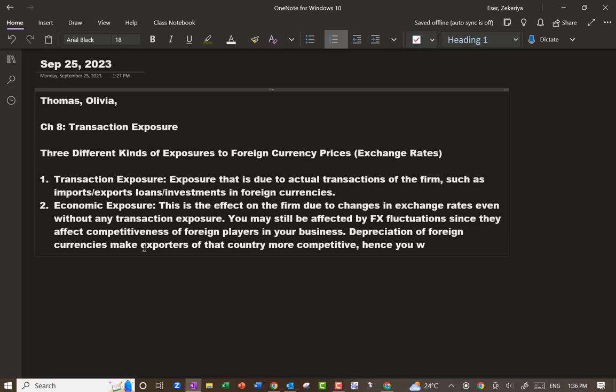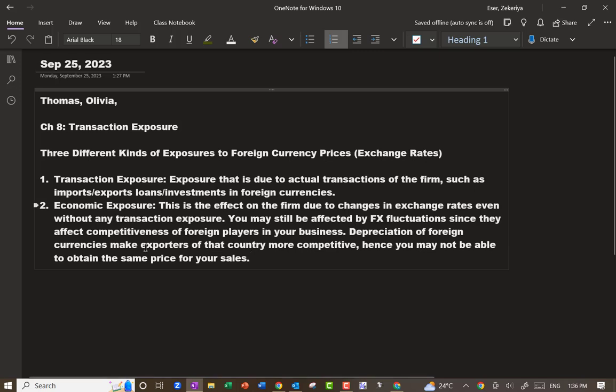Hence, you may not be able to obtain the same price for your sales. So you suddenly may have to sell that bike $10 cheaper compared to before.